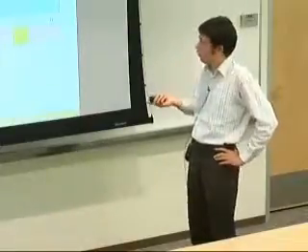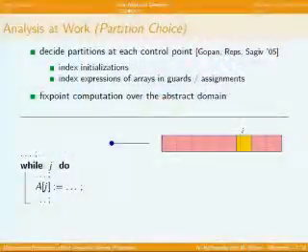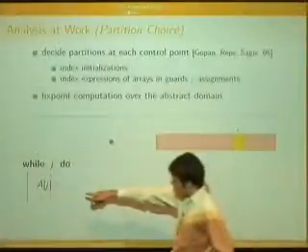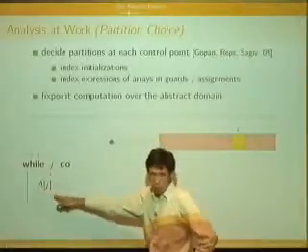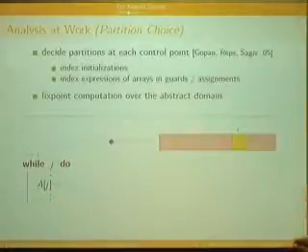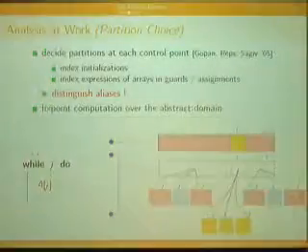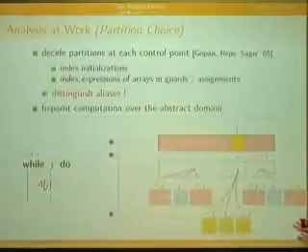If you have at one control point partitioning with respect to I, and then you have to cut with respect to j, for example, because you have an assignment to this cell, you have to distinguish all possible cases. So it will lead to nine symbolic slices.